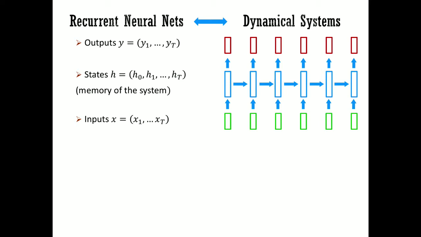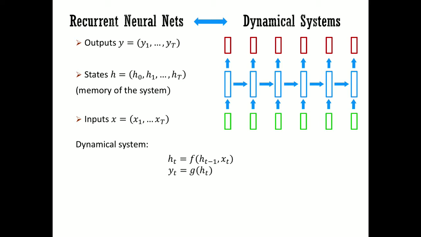Sometimes a recurrent net is drawn like this. These rectangles denote vectors. For example, the blue rectangles denote the sequence of states, and the green rectangles denote the sequence of inputs. These arrows denote dependencies between these vectors. Mathematically, a dynamical system is characterized like this. The hidden state at time t, ht, is a function of the hidden state at time t-1 and the input at time t.